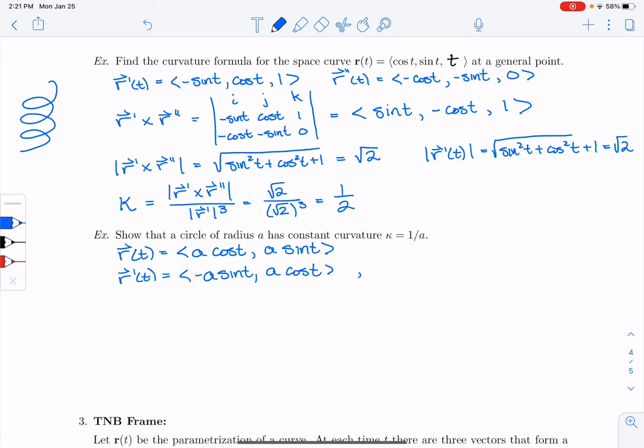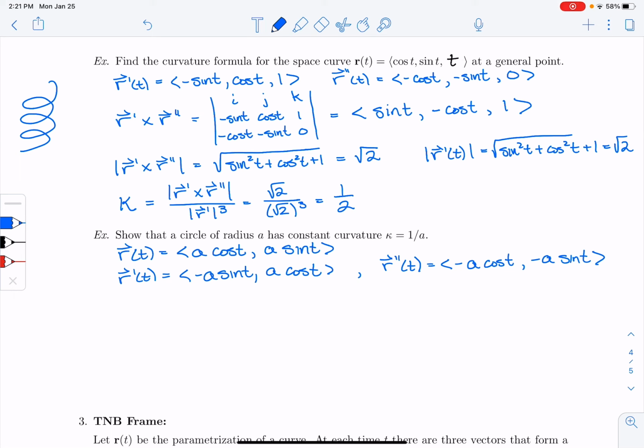And then the second derivative of r of t is going to be negative a cosine t, negative a sine t.